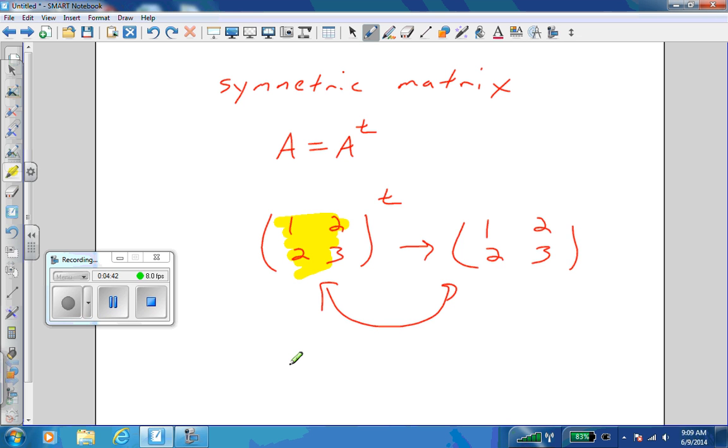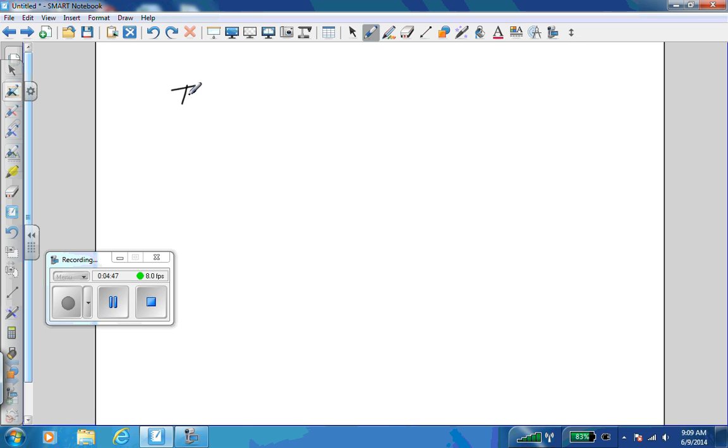Now they just list a few properties for Theorem 1 in this section. They say let A be an N by M and B be M by P. So notice you could do A times B if necessary because these numbers are the same.